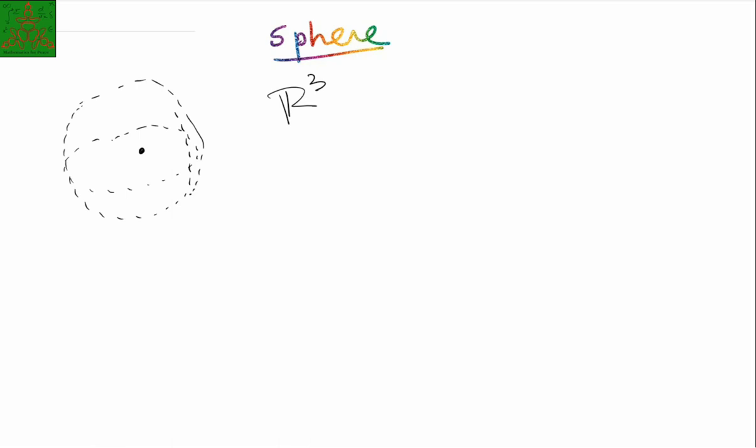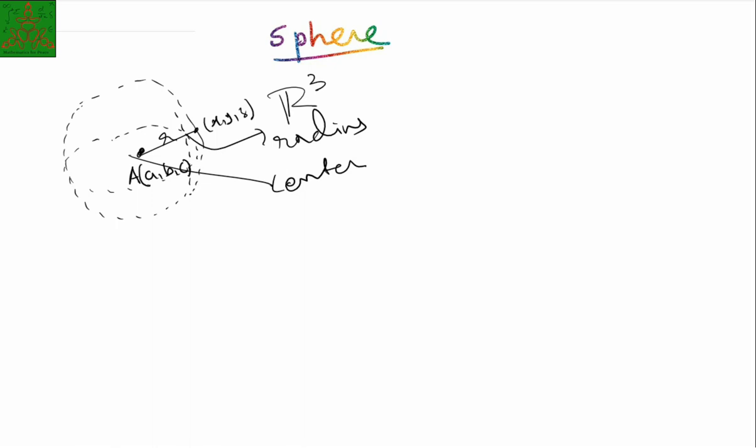So you can represent it as a sphere. This fixed point is called the center of the sphere, and this fixed distance, which is usually called R, is called the radius of the sphere. As per the distance formula, if this fixed point is A, which is (a, b, c), and I take any point on the sphere as (x, y, z), then we can say that (x minus a) square plus (y minus b) square plus (z minus c) square is equal to r square.